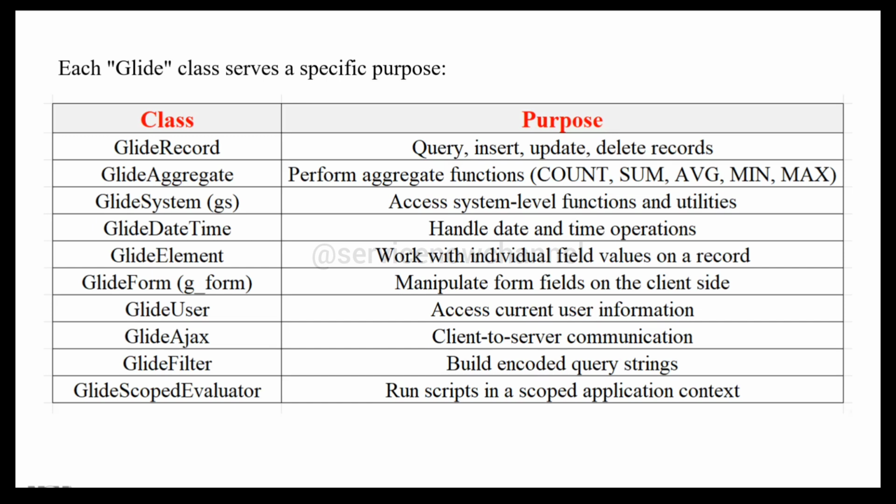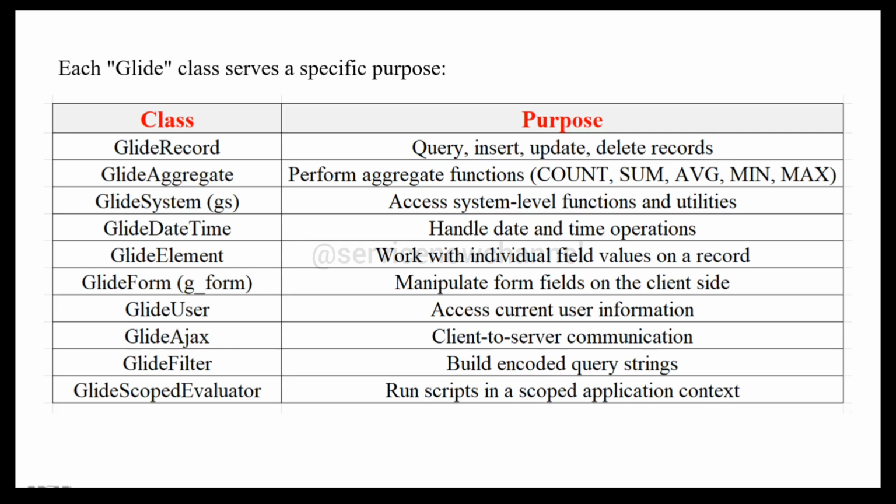So in short, we can say current user information: who is working on that form, or who is trying to submit the form, or who logged into the instance.